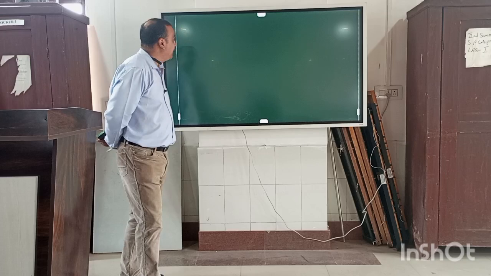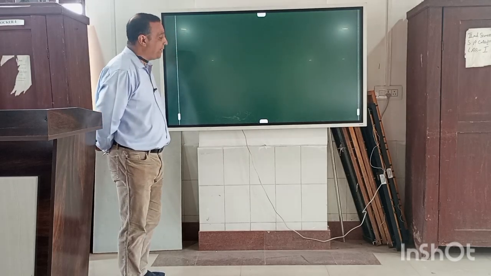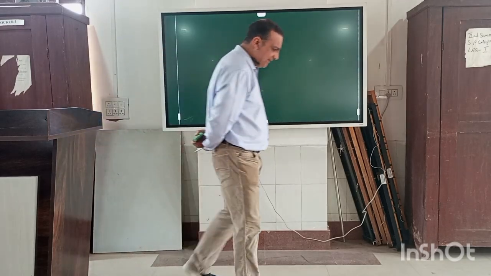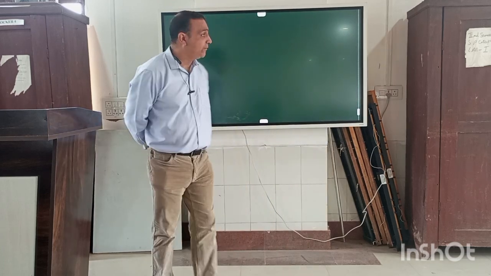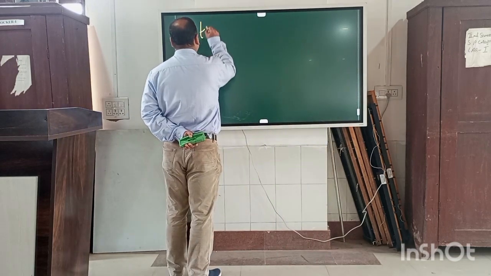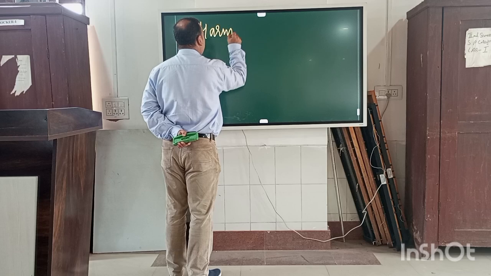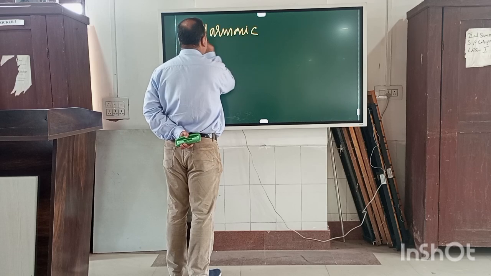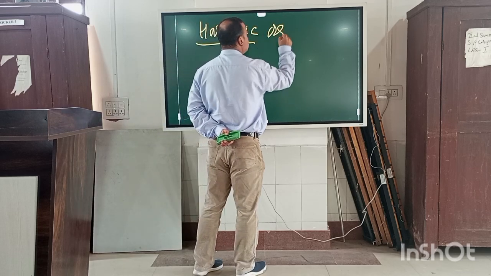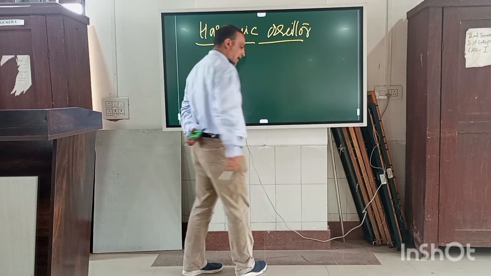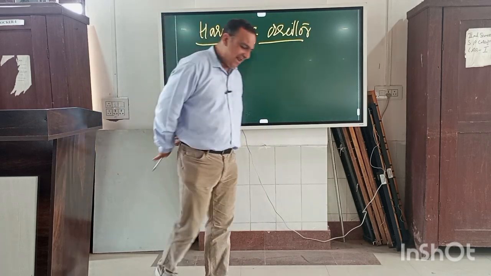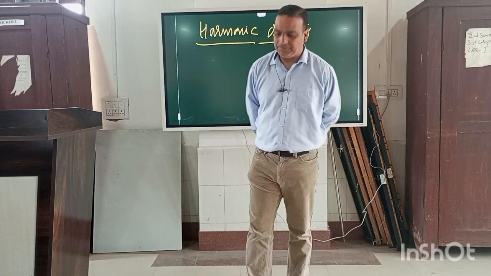But before writing down the actual problem and solving it, it is always advisable to have some basic understanding of the harmonic oscillator. When we talk about the harmonic oscillator, we have anything that oscillates and has periodic motion.